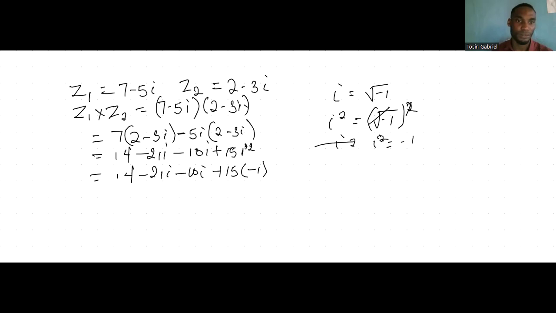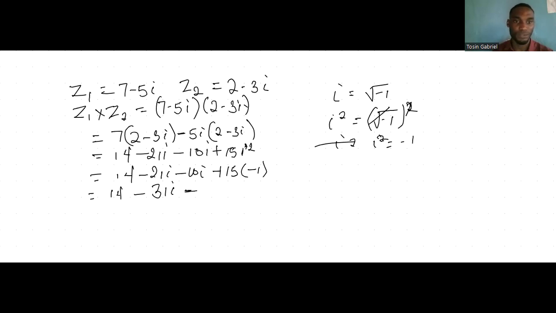Then we're going to have 14 minus 21i minus 10i. That should give you minus 31i. Then plus times minus will give you minus, 15 times 1 will give you 15.